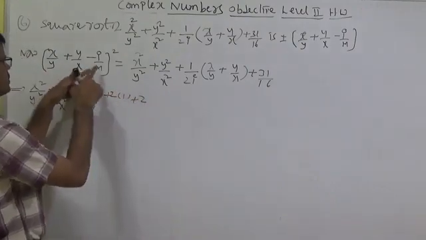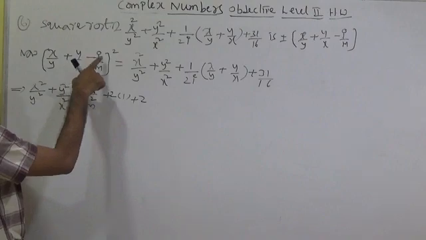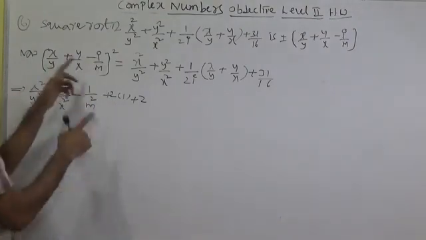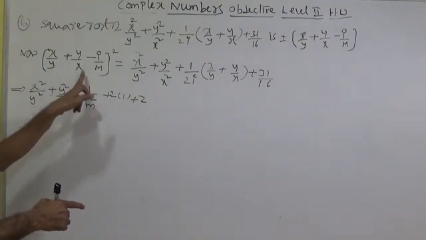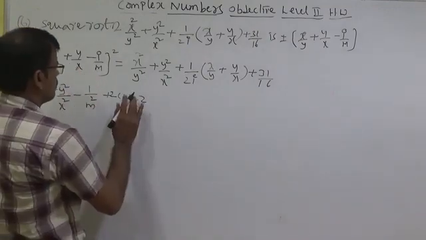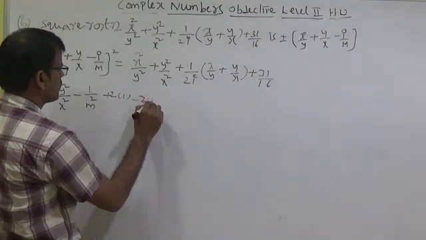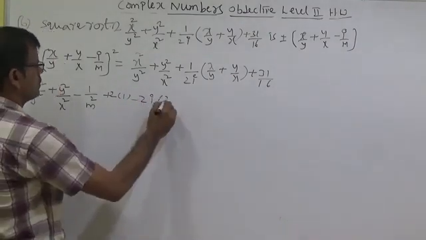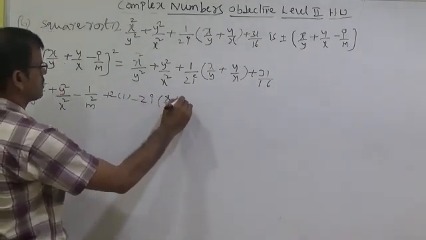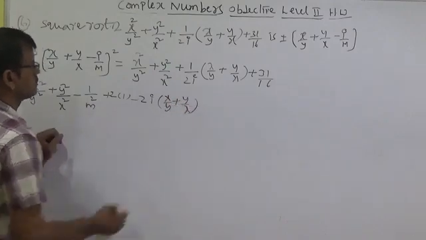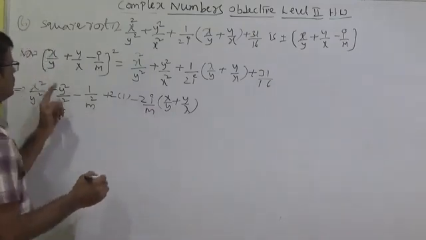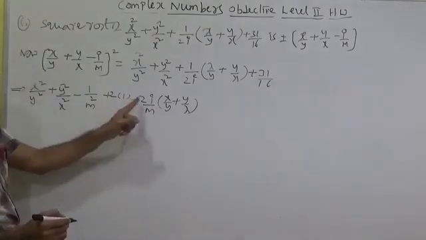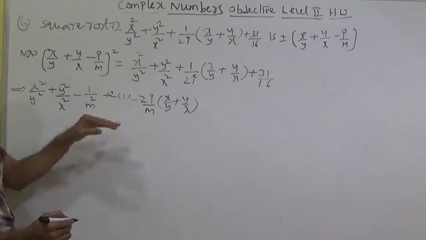Next 2ab, this one and this one: minus 2i x by my minus 2i y by mx. So minus 2i you take common, within the brackets you can write x by y plus y by x, minus 2i by m x by y and minus 2i by m y by x like this.